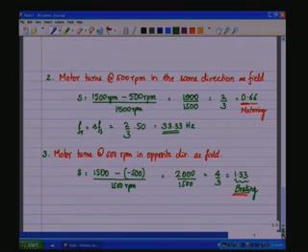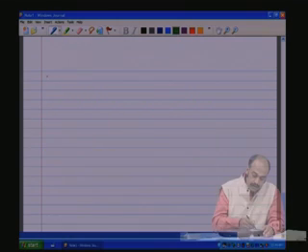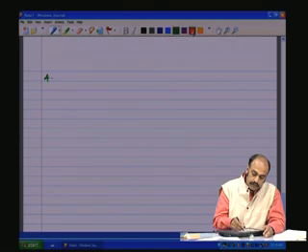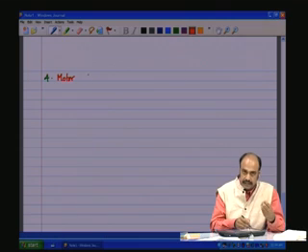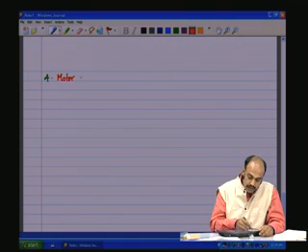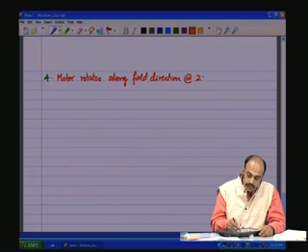So let us look at the fourth condition. The motor is rotating in the anti-clockwise direction itself, along the field direction, at 2000 RPM.